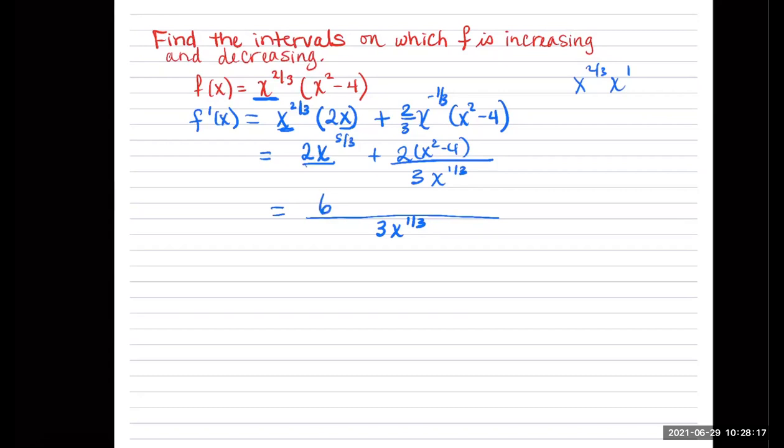X to the 5/3 times x to the 1/3 is x to the 6/3, so that would be x squared. I'm going to distribute this 2. So finally, I get that I have on top 8x squared minus 8. On bottom, we have 3x to the 1/3. So we found the first derivative and we simplified it. So any questions about that before we go on?